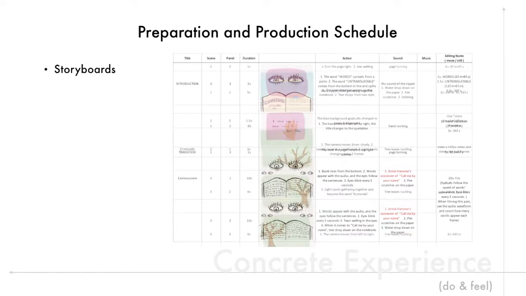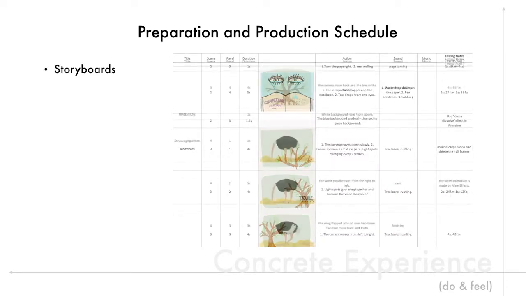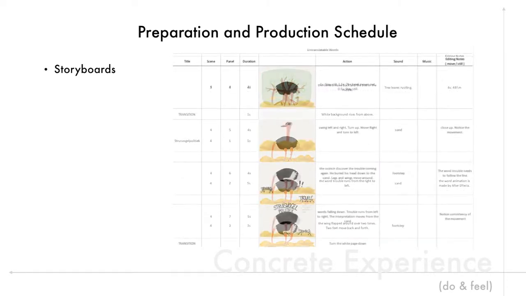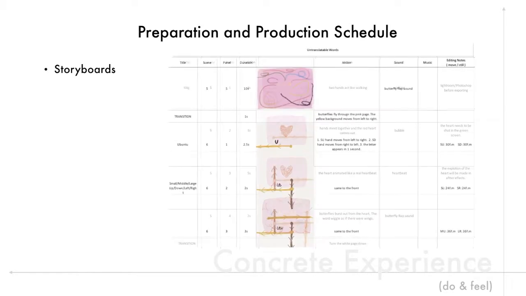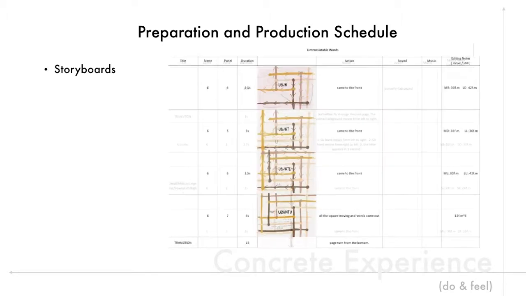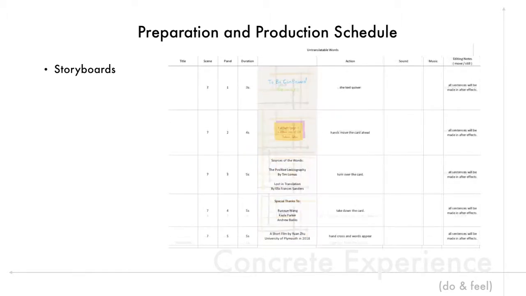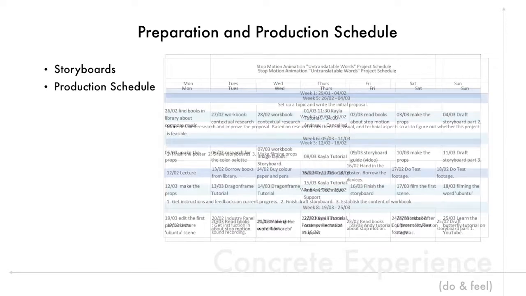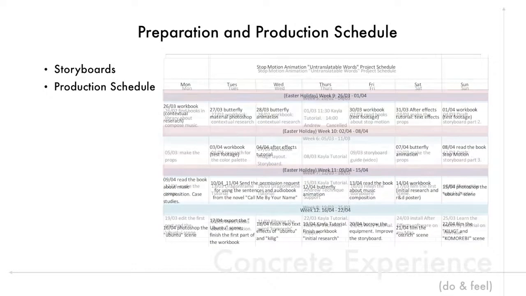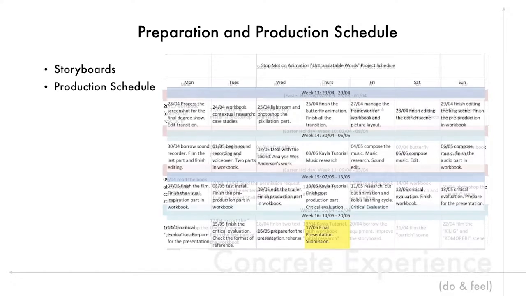Doing animation is really a time-consuming process. It requires patience, perseverance, and the courage to start all over again. I'm proud that I made enough preparation and a detailed production schedule for this project. They helped me to finish all the tasks in time and enhance my planning and implementation capacity.